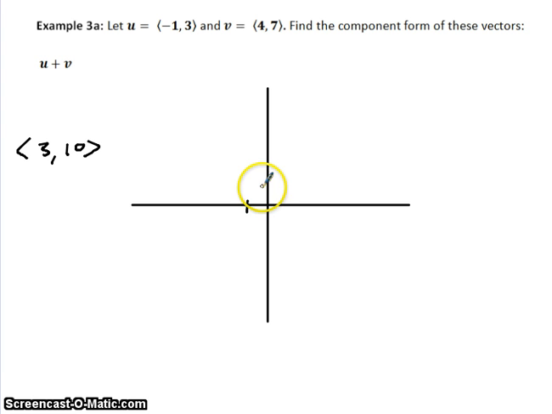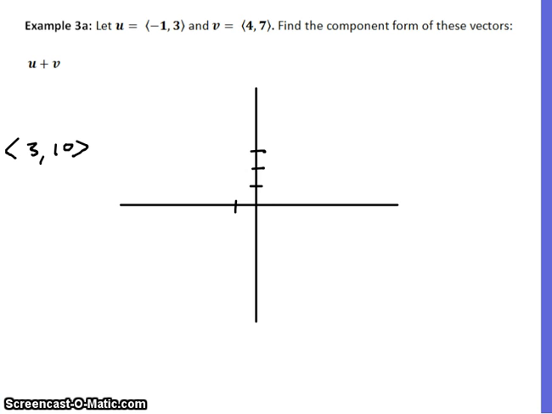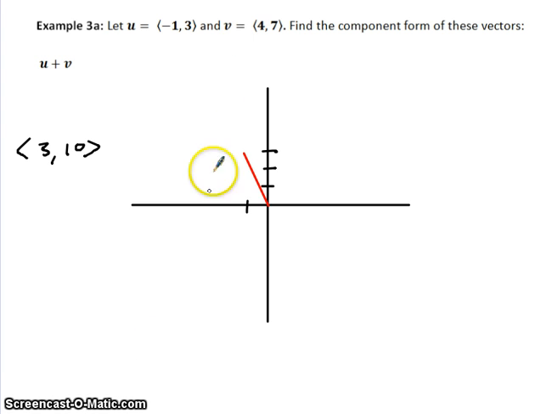So we go -1, 3 is the vector going from here out to here. That's our u. And we also have another vector at 4, 7. So 1, 2, 3, 4, and then 7.